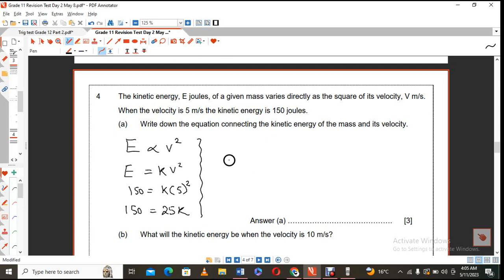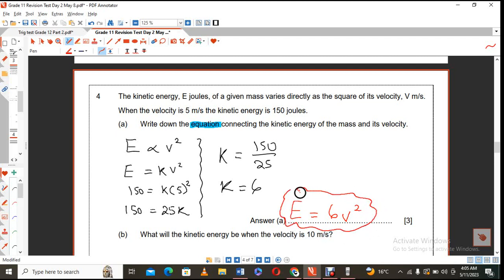We wanted the equation connecting the kinetic energy, so K is going to be 150 divided by 25, therefore K is equal to 6. So the equation that connects this whole story will be written as E equals 6v squared.